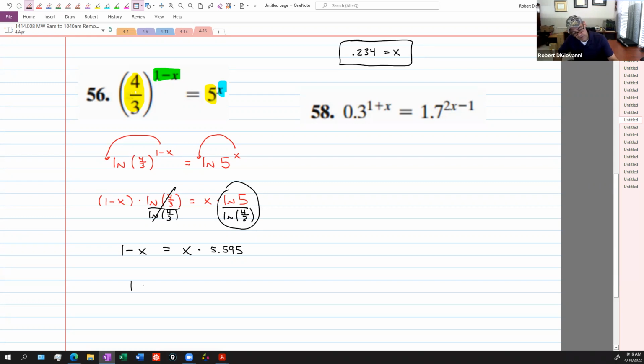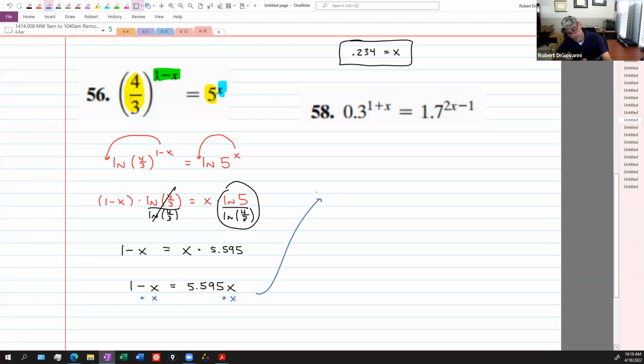And really, this is just a nice little linear equation now. I can put that 5.595 in front of that x instead of behind it, add an x to both sides.